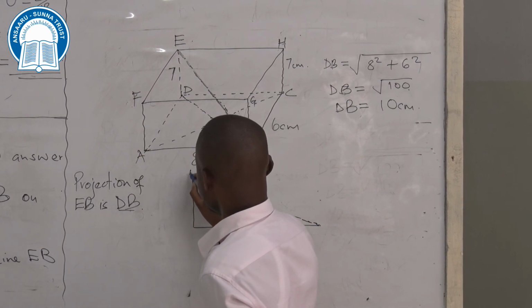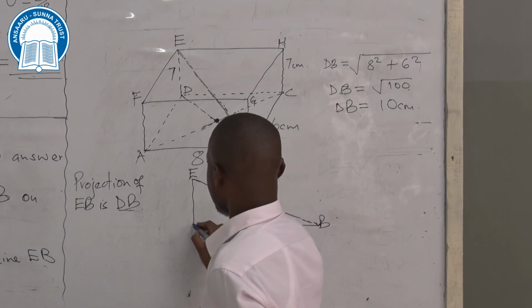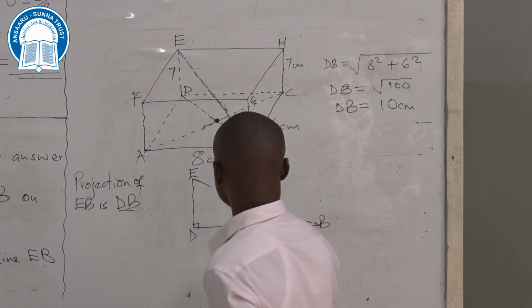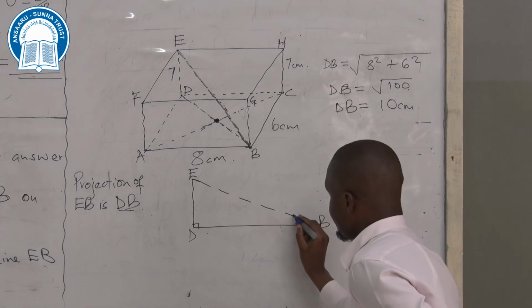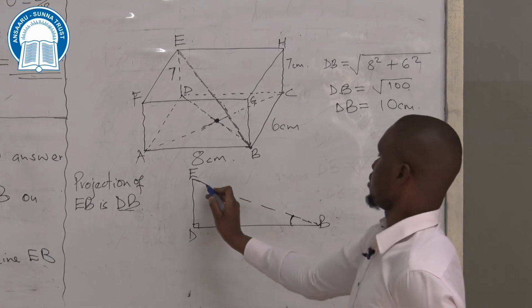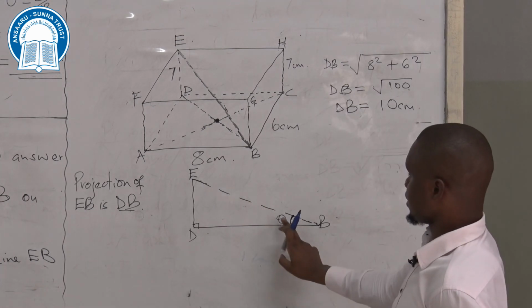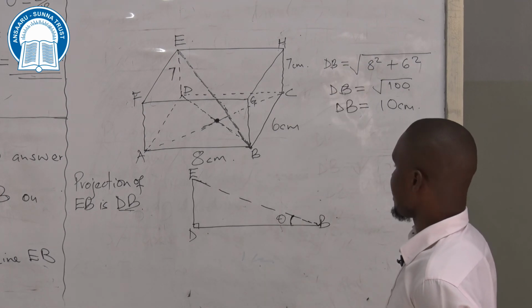So we have our E there, we have our B here, but the projection is DB. So if we can get the angle between that and that, this is now our theta. If you can get this angle, then you have gotten the angle between EB and ABCD.